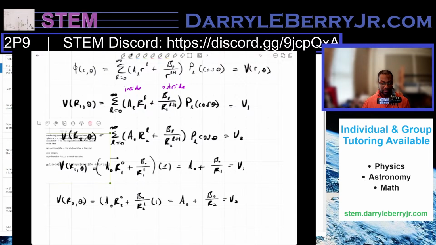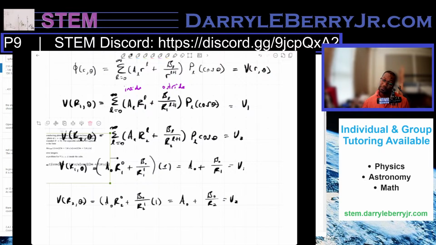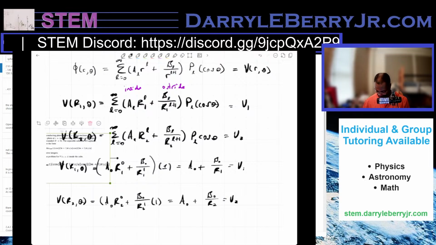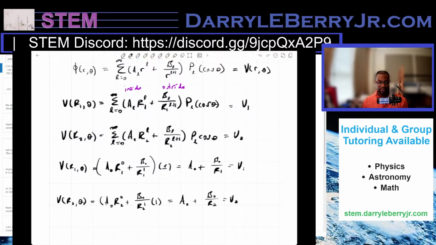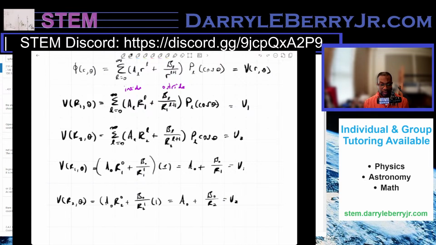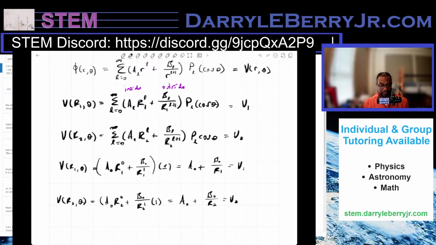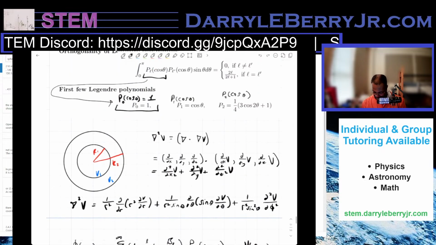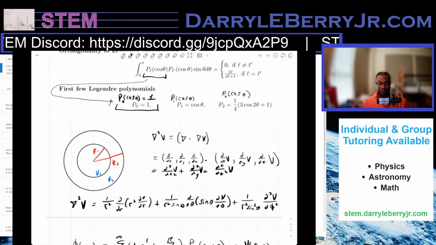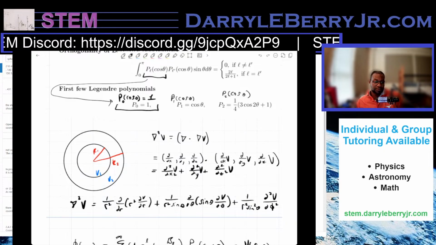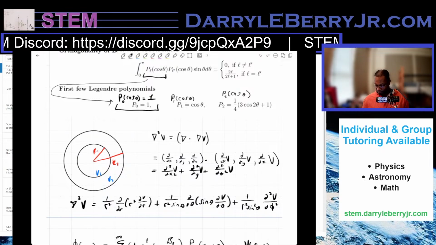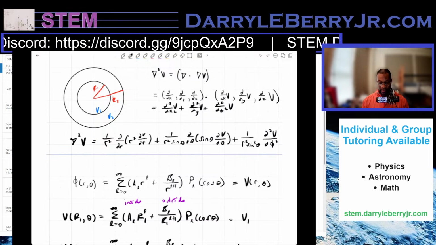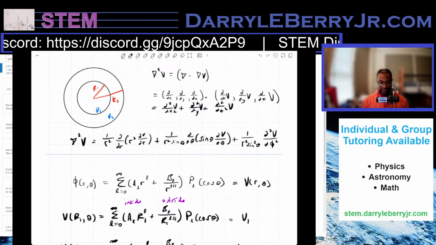What we'll do here is solve for A naught and B naught. I suppose since these have to have continuity between them, there needs to be some point where they match.